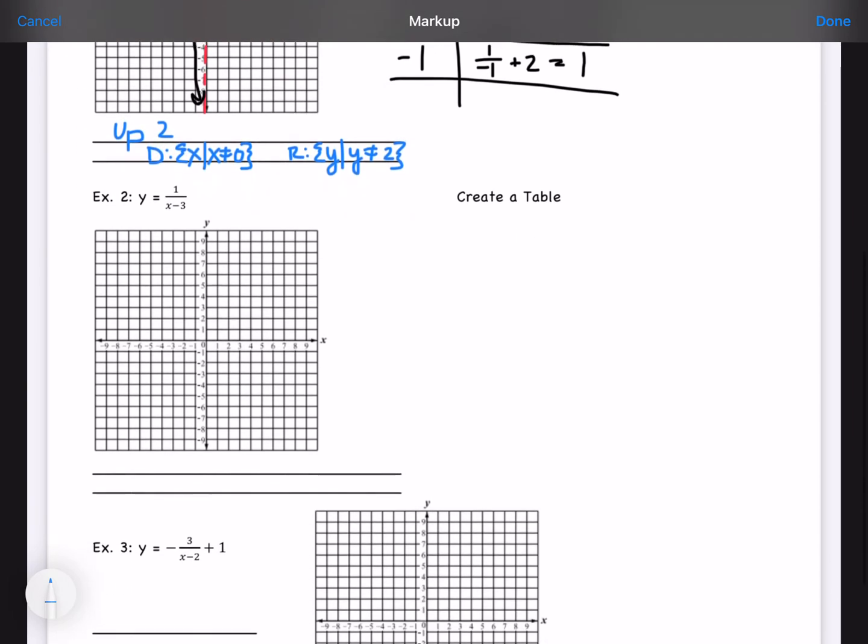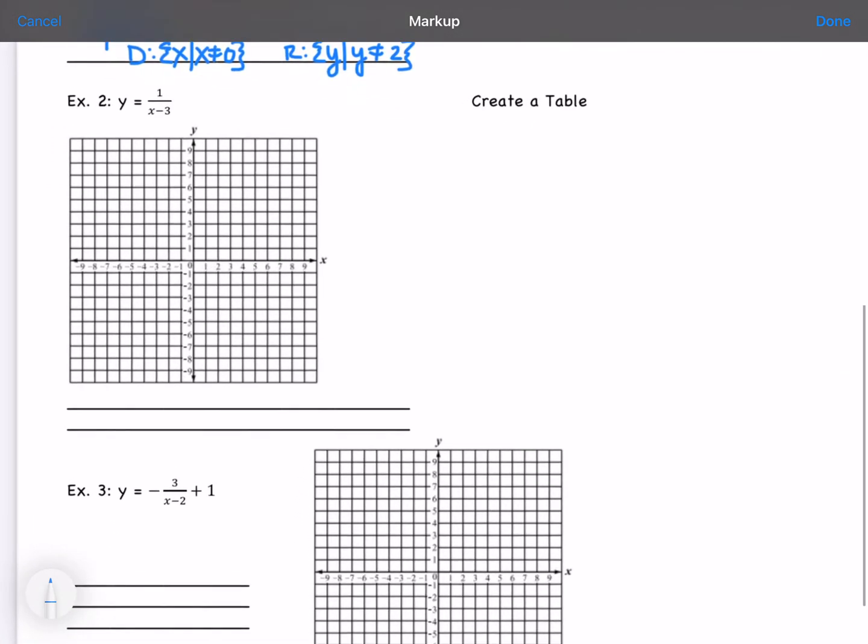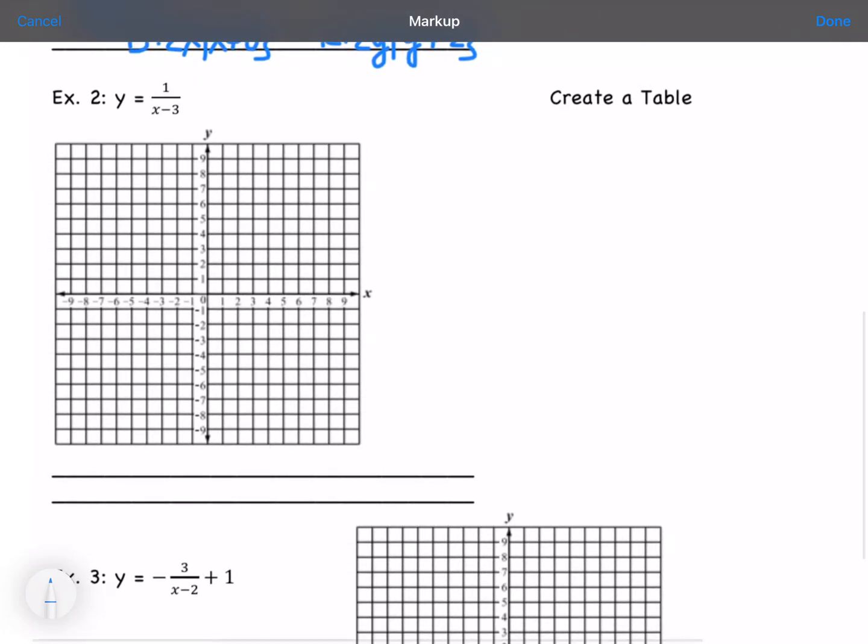All right, let's look at the next one. Y equals 1 over x minus 3. So, Kaylin, what would be our transformation here? Which way are we shifting? Doesn't reflect.